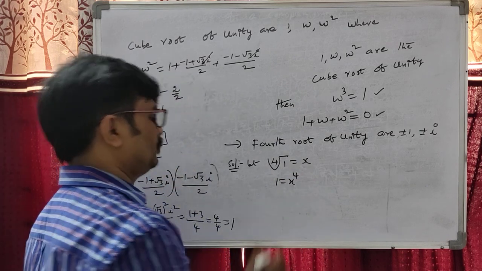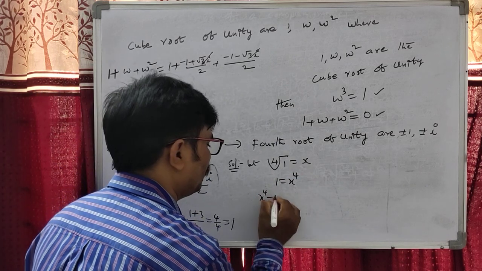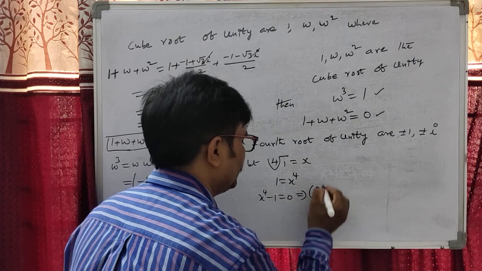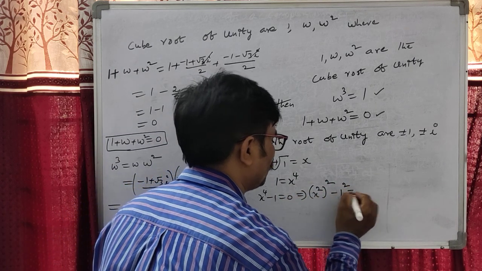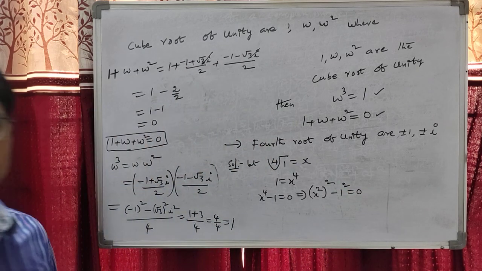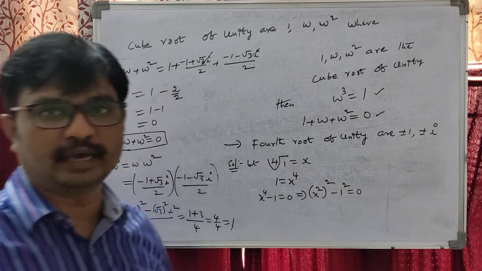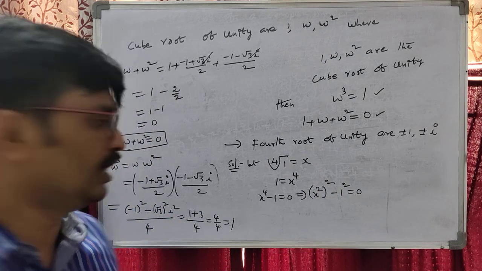That is, x power 4 minus 1 equal to 0. This can be written as x square whole square minus 1 square equal to 0. We compare this with a square minus b square, that is a plus b into a minus b.